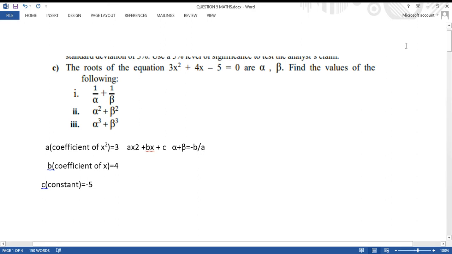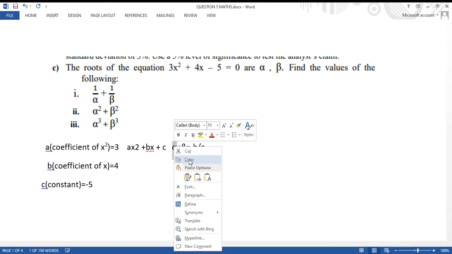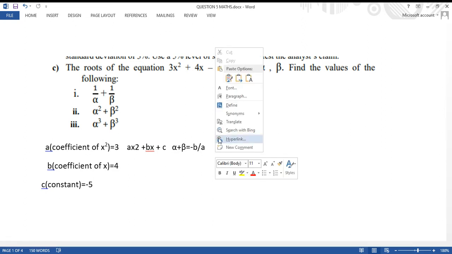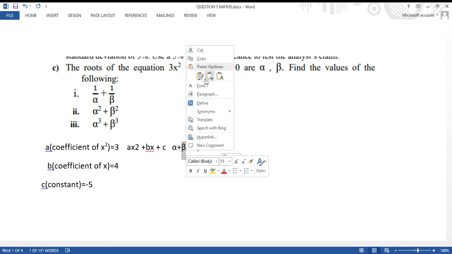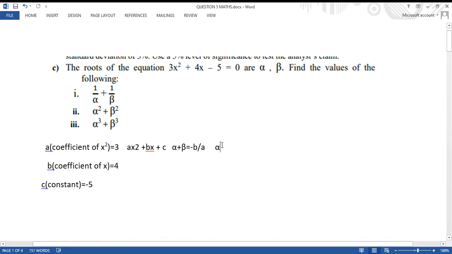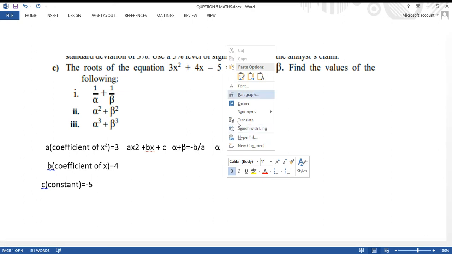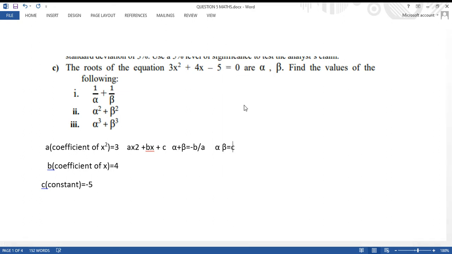Then alpha times beta equals c over a. So that's why we're getting the a, b, and c's for this alpha plus beta and alpha times beta.